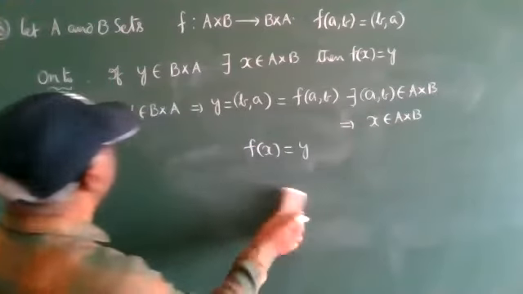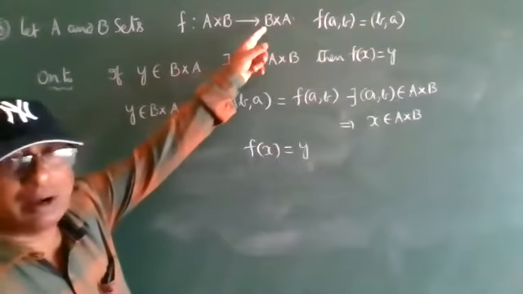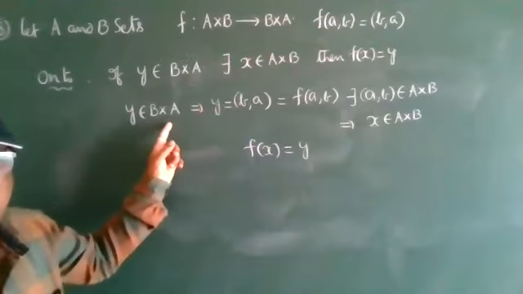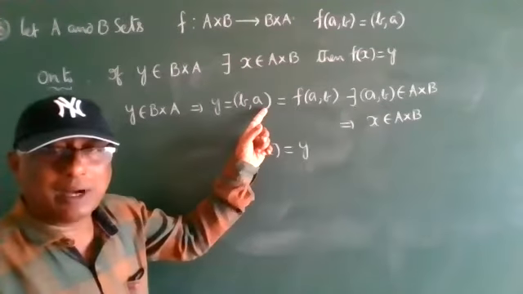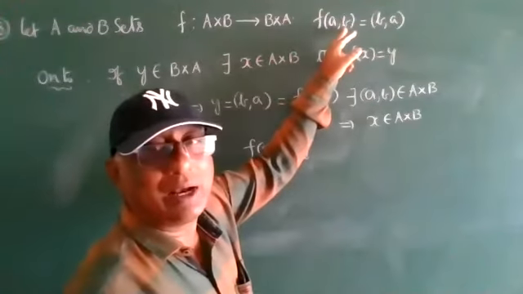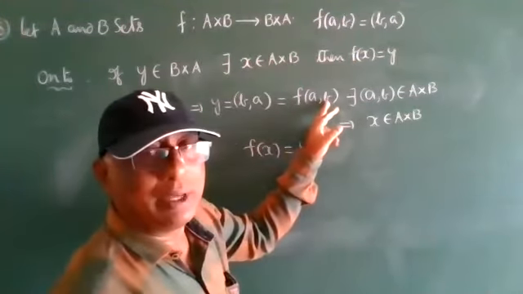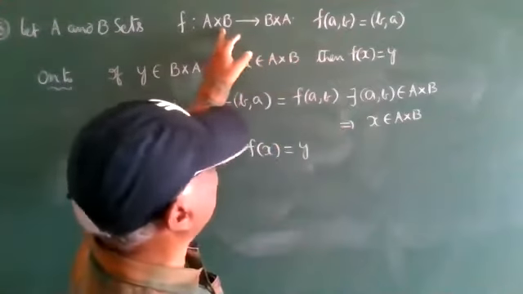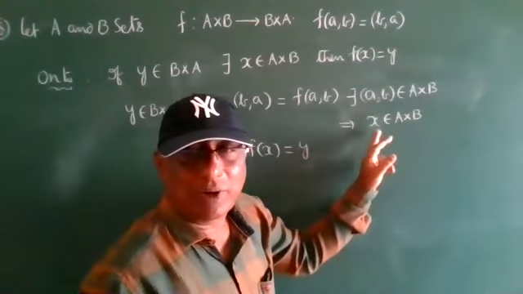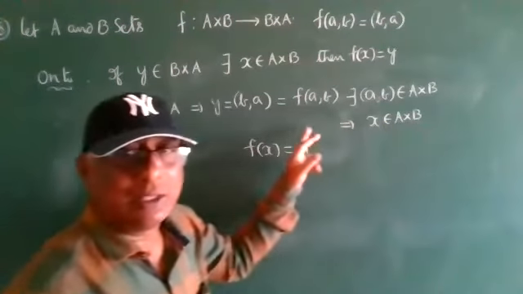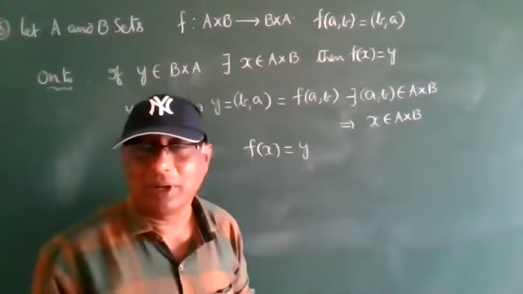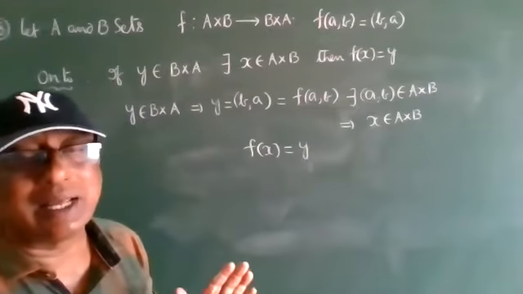Everyone observe, y is an element of B cross A. That means y is equal to (b, a). (b, a) is the definition of f of (a, b). (a, b) is an element of A cross B. Therefore, x belongs to A cross B. Therefore, f of x is equal to y is the relation.